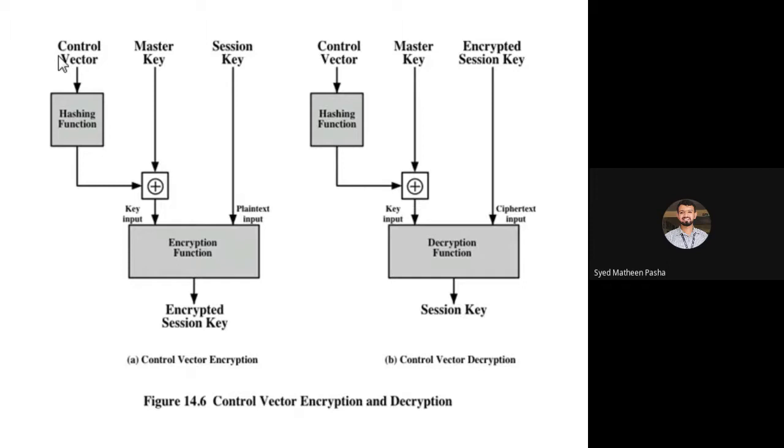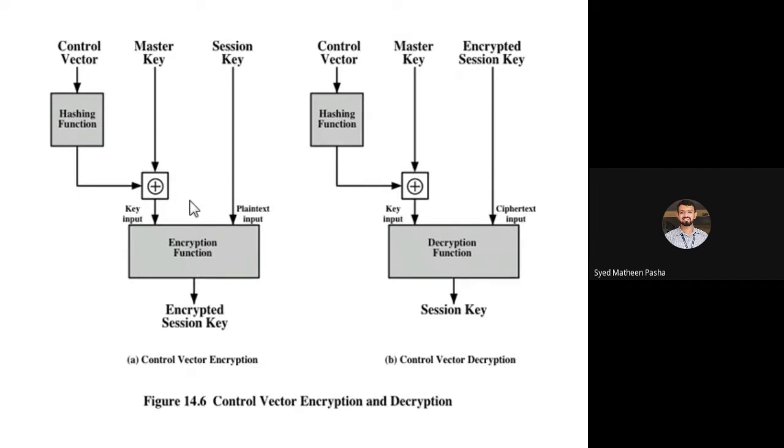As we all know, the inputs for your encryption algorithm are your key as well as plain text. So with the help of the session key, considering one session, a key is generated, which is taken as an input for your encryption function.